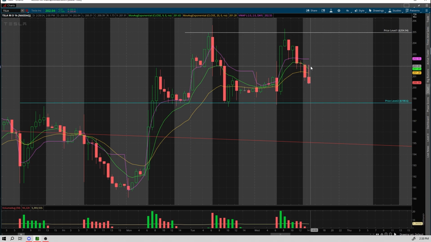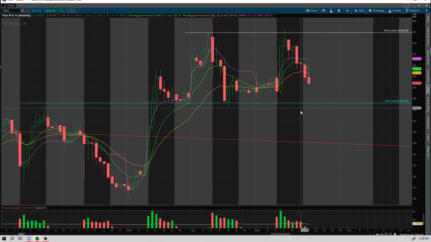We're not seeing that anymore. So what we're seeing is we're starting to see the rejections happen at these levels. So as you guys can see, we saw this the previous day where we came up to 205, we rejected it pretty heavy, moving all the way back down to 198. The next day as well, we saw a move into 205, which is today.